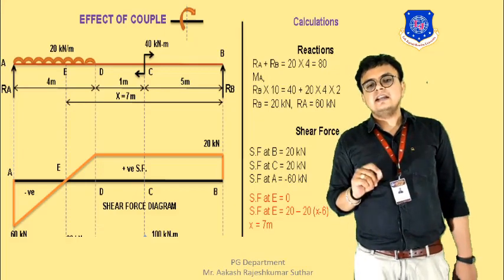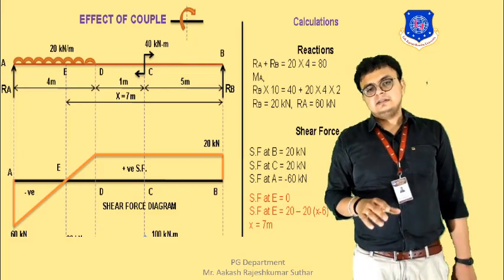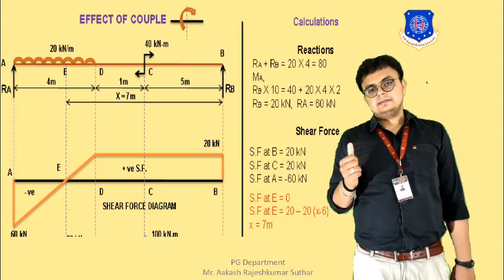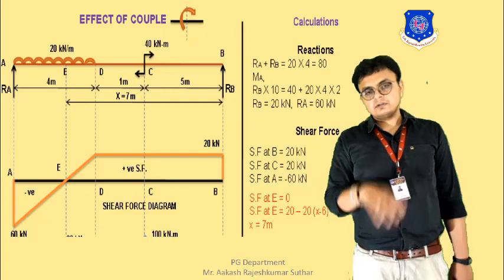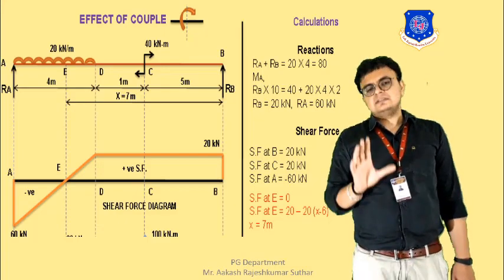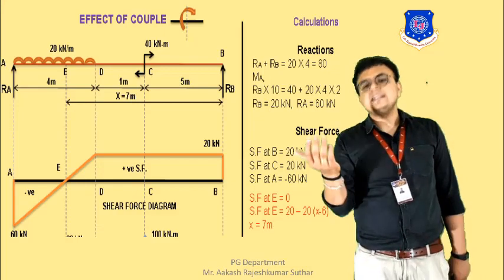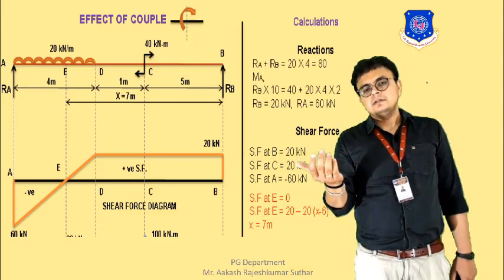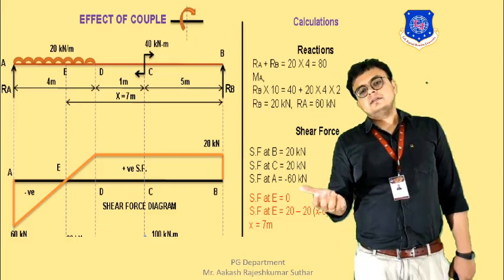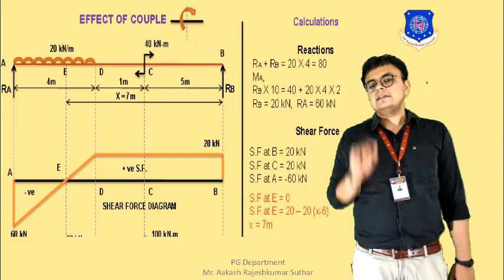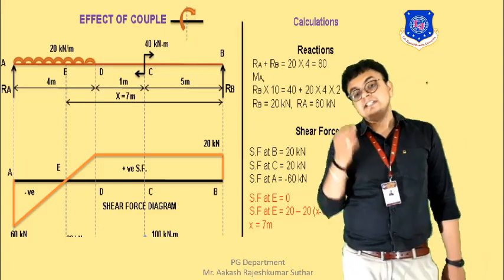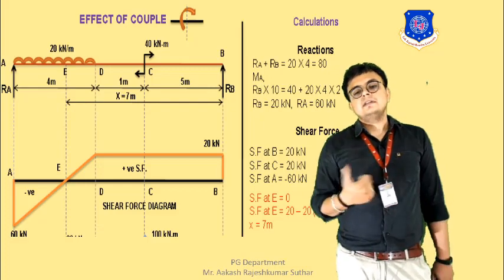So we can say that at a distance 7 meter from the right hand side, taking the moment from the right hand side, that is B, we are getting the distance 7 meter from B, which says that at 7 meter from B there is the shear.